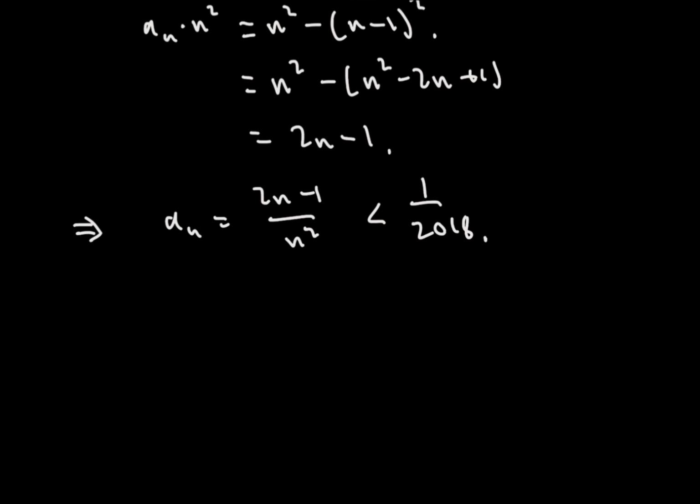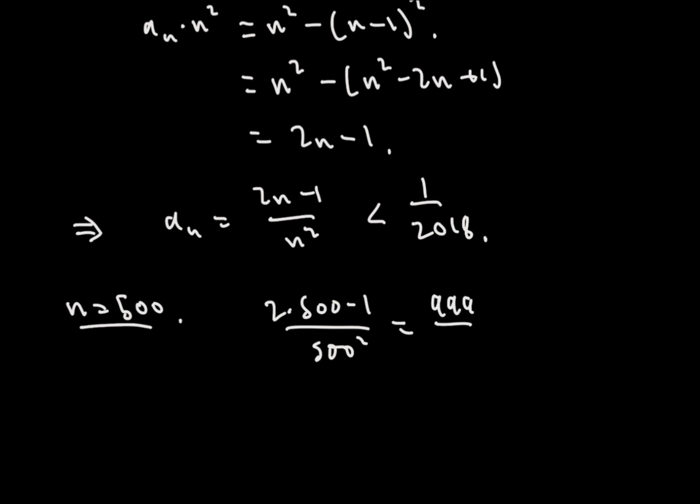So now the question is, how do we find the smallest integer value of n? Let's just test out n equals 500 and see what happens. We get (2 times 500 minus 1) over 500 squared. 2 times 500 is 1,000, 1,000 minus 1 is 999, over 500 squared, which should be 250,000.